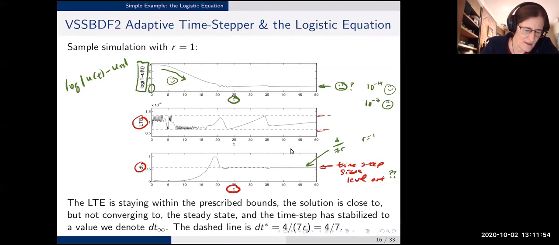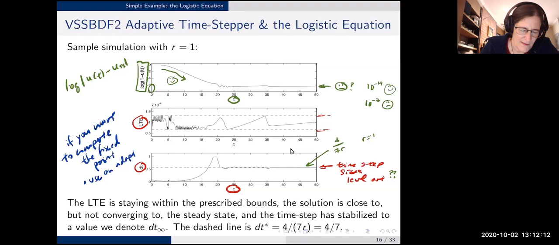So if you want to compute the fixed point, what you would do is first use an adaptive method to find a time step size, to find stability.